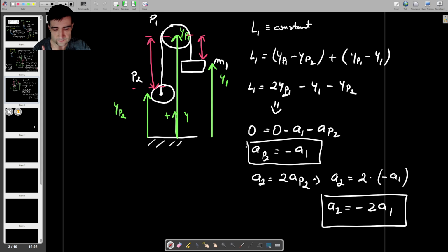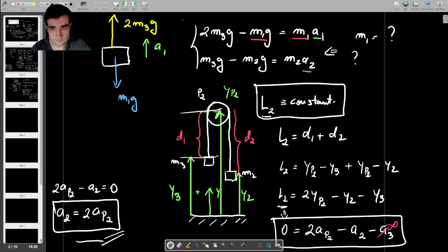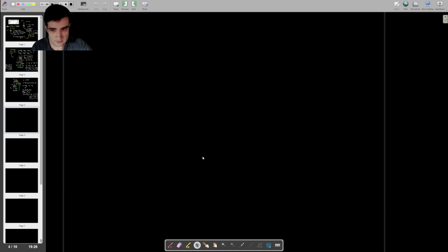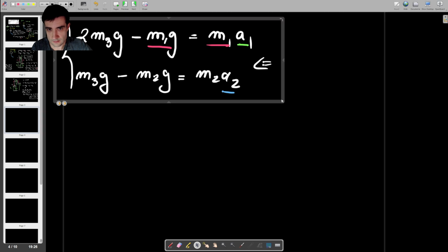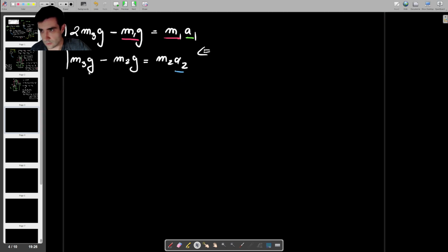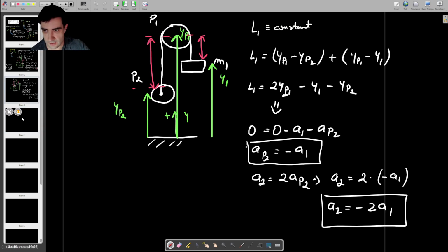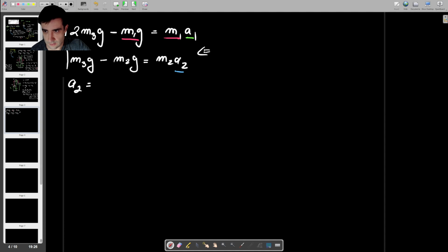So let's write the linear system again. And on top of that, I'm going to say that A2 is equal to minus 2A1. 3 equations, 3 unknowns.